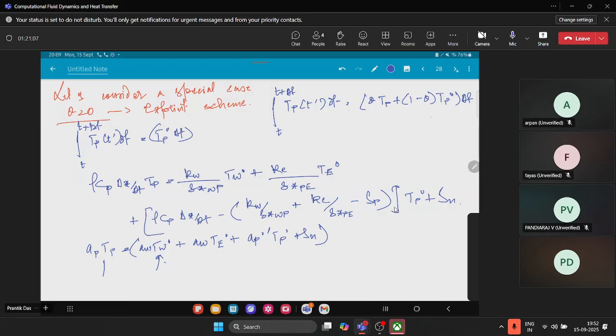So this does not require making a matrix. You can directly get it from the equation itself. You can directly put in the values and find the temperature here. So you don't have to form a matrix. It's inexpensive in nature, but the problem is that it has some stability issues, which I'm going to discuss in this class.